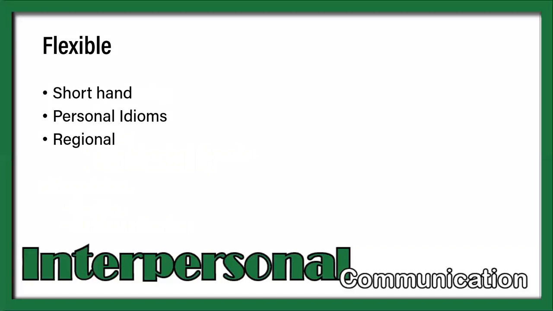My brother and I have some things that we say to each other, and we don't have to go through a lot of detail about what it means because we've had a relationship all of our lives, so we can say things in shorthand. There are personal idioms, words and phrases that are unique to your relationship or your friends, and maybe you have little pet names that you call people.